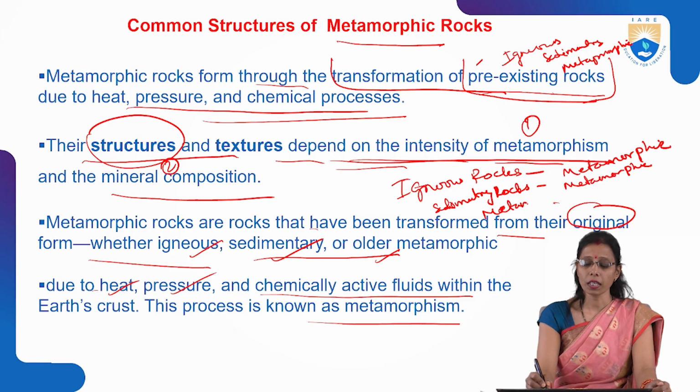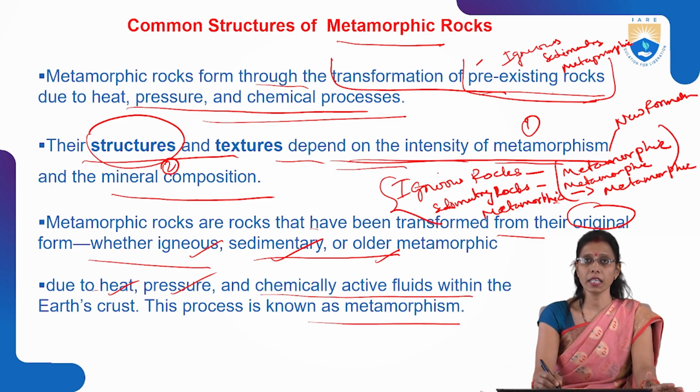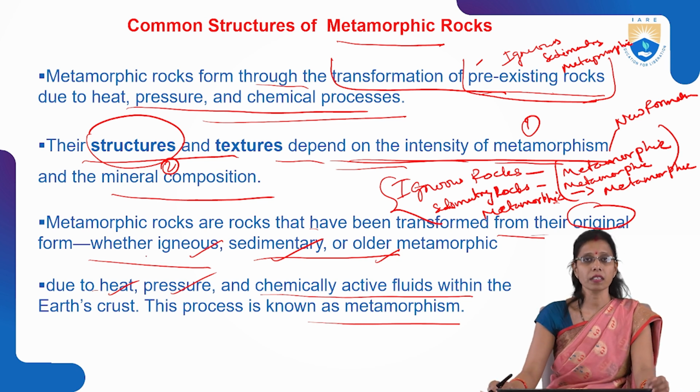And a metamorphic rock also can be transformed into a new metamorphic rock. So you can say this is the new formation, and these three are already existing. The original form which is already existing can be converted to metamorphic rock at the time of metamorphism.